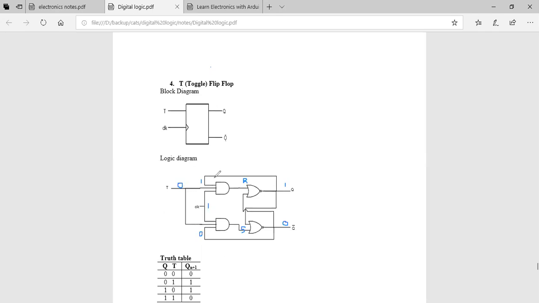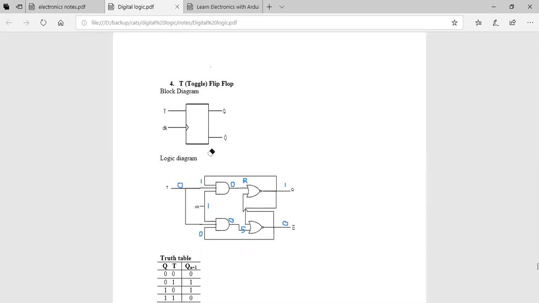So since T is 0, we're going to have 1 and 0 and 1. 0. 0, that's correct. 1 and 0 and 0. 0. 0. 0, that's correct. 0, 0 for RS. No change. No change. Because you already have a 1, it remains 1 here.